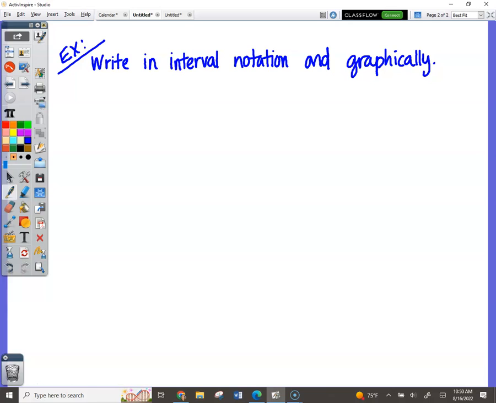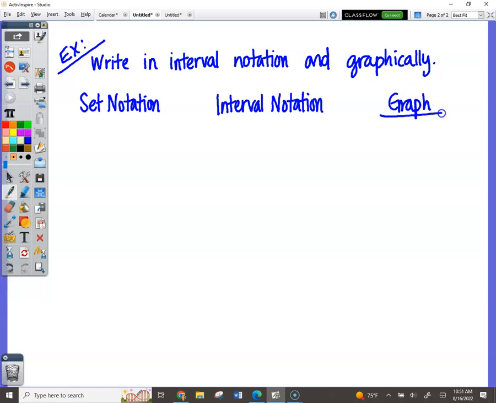Okay, so we need to label our chart. We've got set notation, we've got interval notation, and then we have the graph. Alright, so we got 1, 2, 3, 4 practice problems.